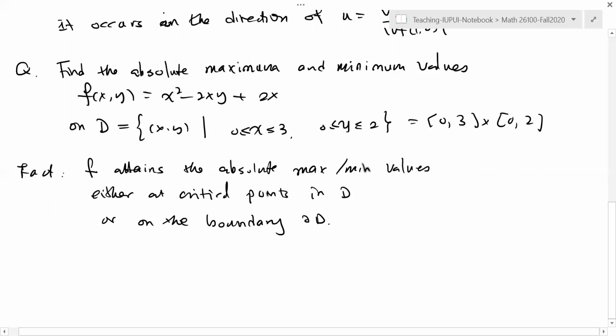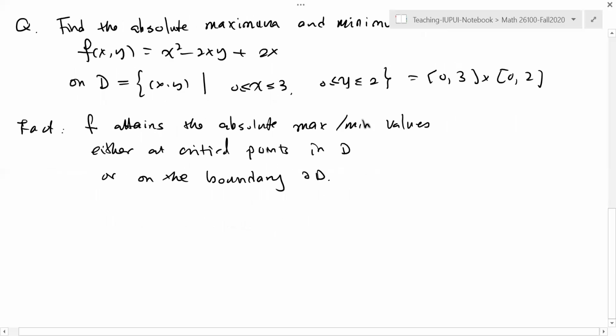So there are a couple of choices here. So let's look at this. You need to find the partial derivatives and find the critical points first. So it'll be 2x minus 2y plus 2, and this will be just negative 2x.